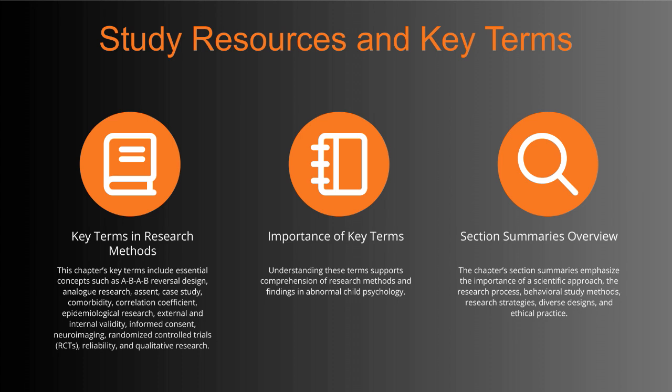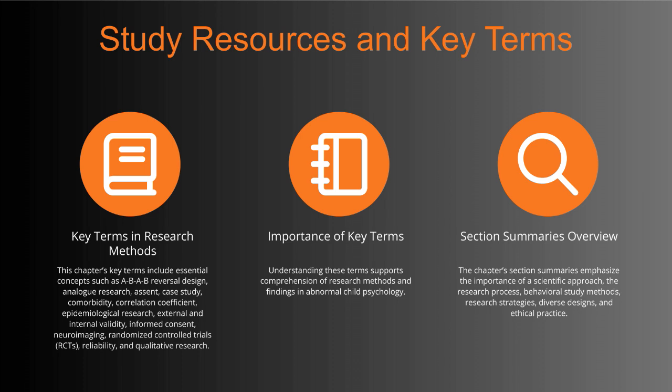Other essential ideas include internal and external validity, informed consent, and neuroimaging techniques. Grasping these terms is crucial because they help us better understand how research is conducted and how to interpret its findings accurately. Without a solid understanding of these concepts, it's easy to misinterpret study results or overlook important details.